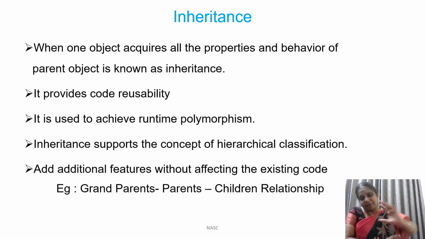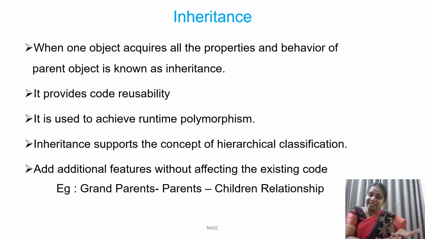Just assume we have three classes: grandparent, parent, and children. The children class has properties of its own, the properties of the parents, and the properties of the grandparents. So all the characteristics are incorporated inside the children class. The children class is inheriting the required properties from the parent class as well as from the grandparents.